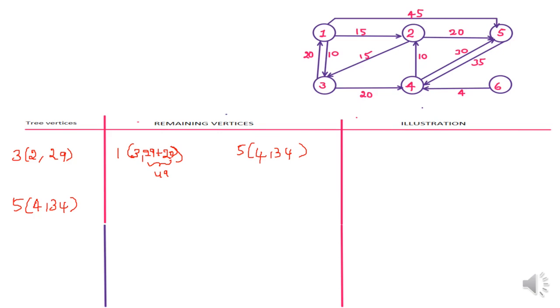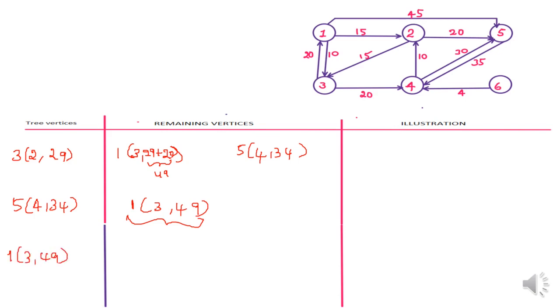That is 1. However, 5 is not making an edge with 1, so let's write the remaining vertex with the earlier distance as it is. You will not get a smaller distance with 5. Now there is only one vertex remaining. Let's add that also.